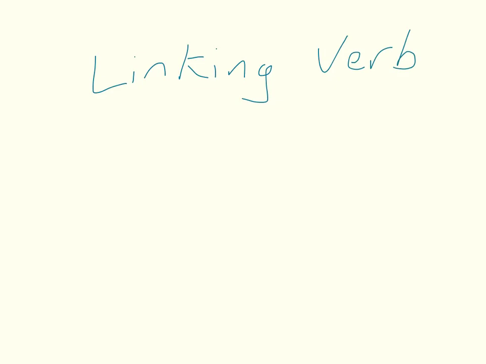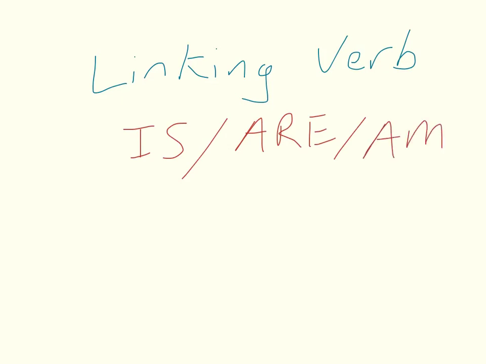So our linking verb in English is the word is, are, we have am, and what a linking verb does is it connects the subject of a sentence with a noun or an adjective. It is essentially an equals sign.